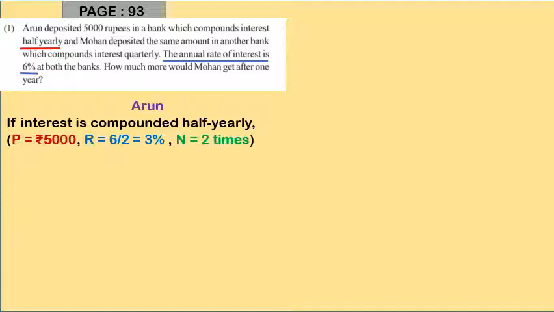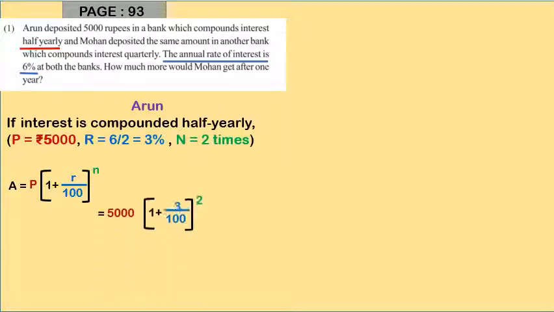Why children? In the question, the annual rate of interest is given, that is 6%. We need the half year rate of interest, that is 6 by 2, which is equal to 3%. And number of periods n equal to 2 times. Then write the formula for calculating amount. Amount A equal to P into 1 plus R by 100 all raised to n.